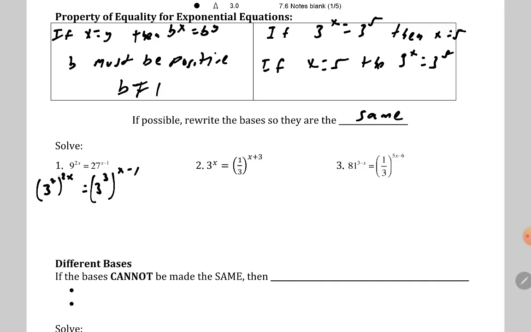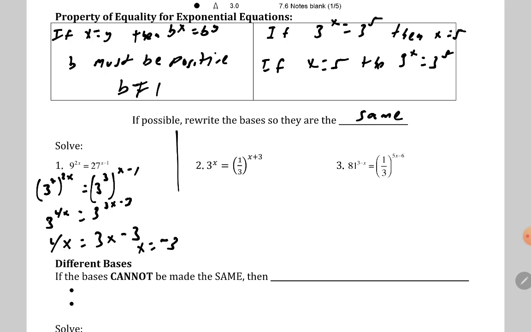Exponent to the exponent means we multiply them. So 3 to the 4x equals 3 to the 3x minus 3. So I'll have 4x equals 3x minus 3. Because they are the same base, we can write the exponents equal to each other. So when I subtract 3x over, I'll get x equals negative 3.